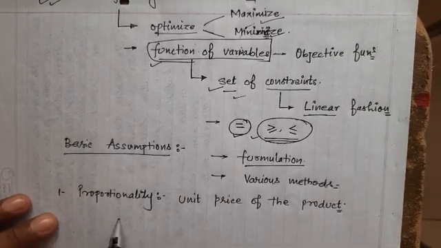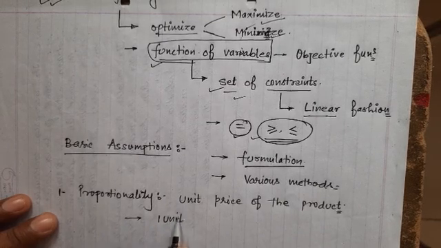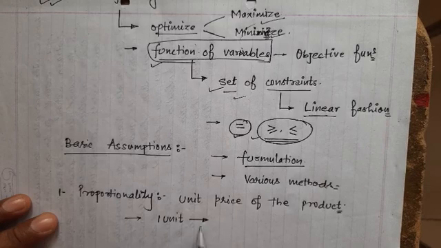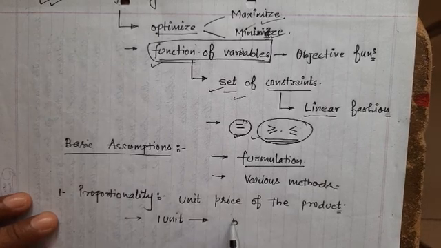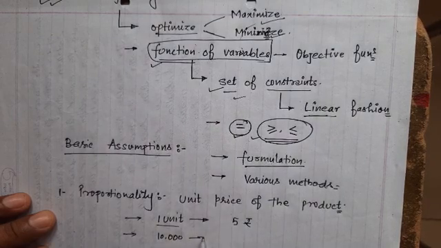Suppose you purchase 1 unit of a product, and its cost is 5 rupees, and you want to purchase a large number of units, suppose 10,000. So generally what happens?